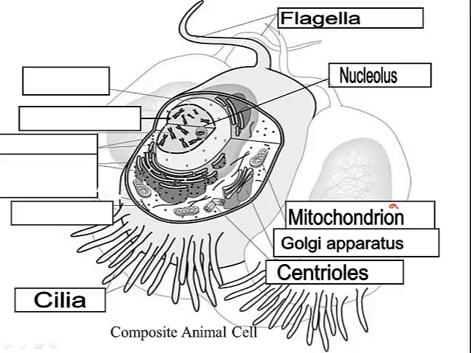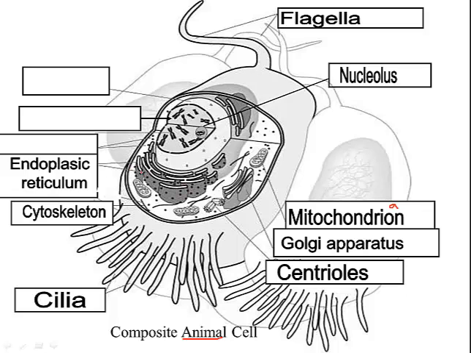Next one up here is looking at these little lines that are found throughout the cell in the cytoplasm. That is your cytoskeleton. So again, that's going to give support and structure to the cell because this is an animal cell, not a plant cell, so there's no cell wall, so it's got to have a cytoskeleton. Next up is pointing at this entire structure here. This is endoplasmic reticulum.